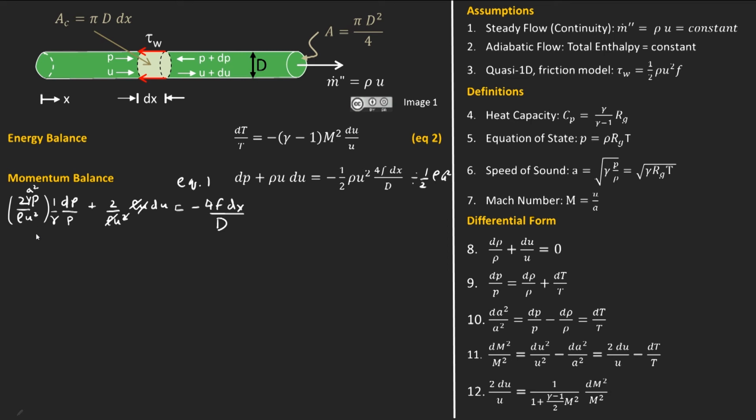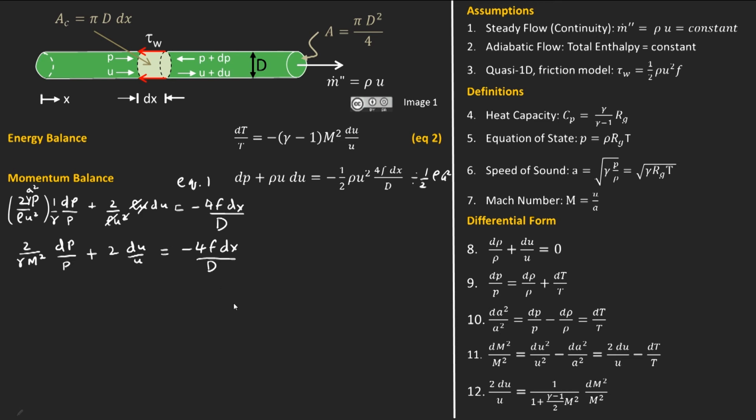So taking a big step forward, we can express everything in the parenthesis as 2 times 2 divided by gamma times Mach number square multiplied by dp by p plus 2 times du by u equals minus 4f dx over d.